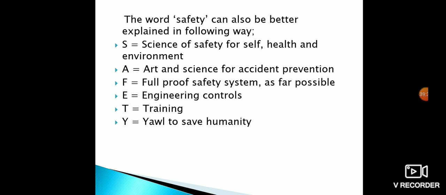S is equal to science of safety for self, health and environment. A is equal to art and science for accident prevention. F is equal to foolproof safety system as far as possible. E is equal to engineering controls.